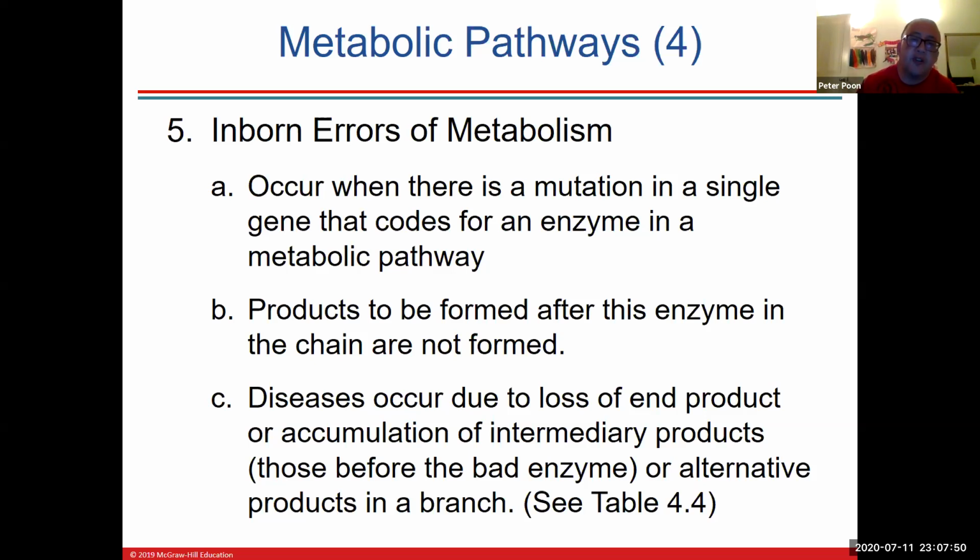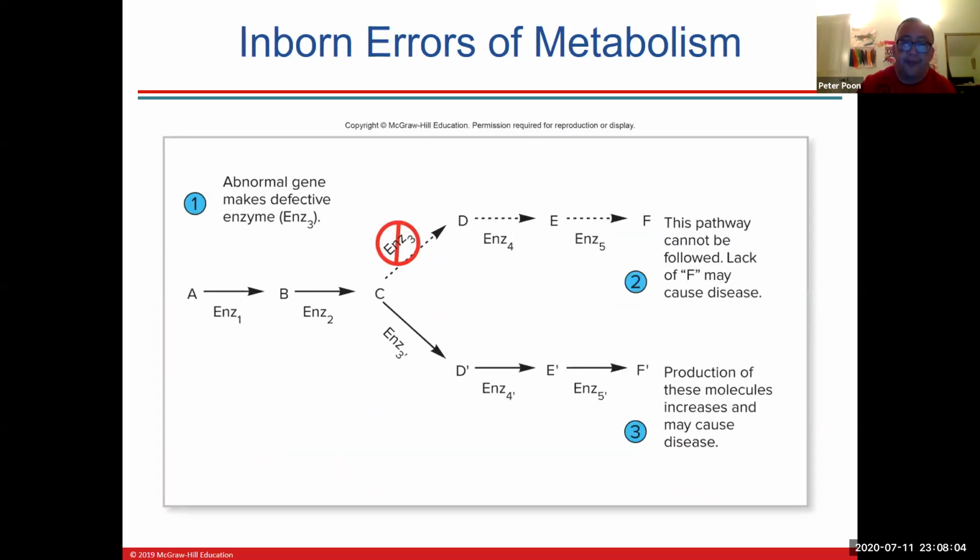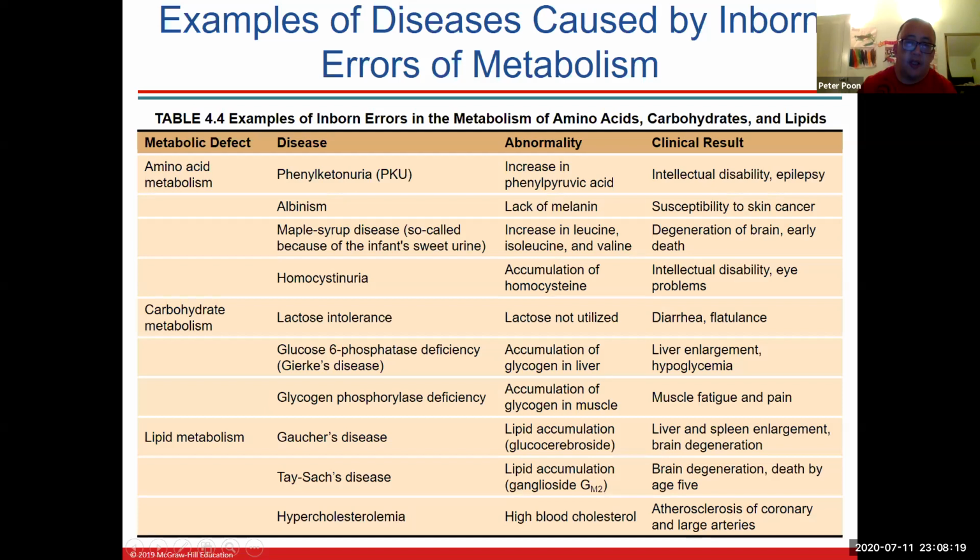Disease occurs due to loss of end product or the accumulation of intermediary products or alternative products. Here you're missing F, and then you'll have too much F prime. And you can see some of the errors here.